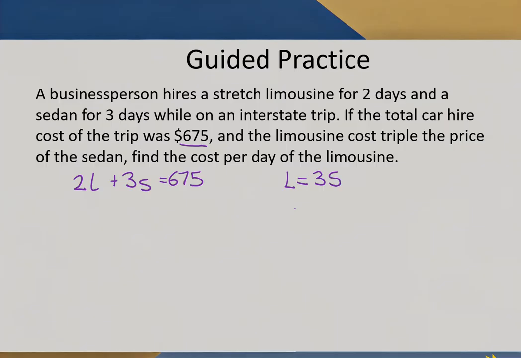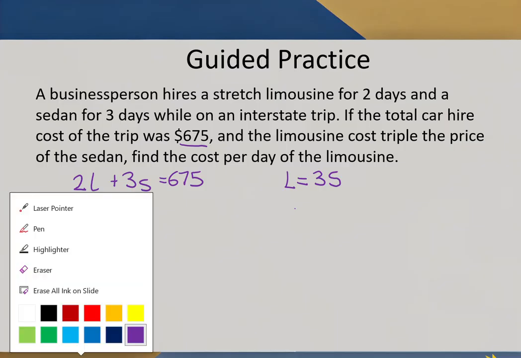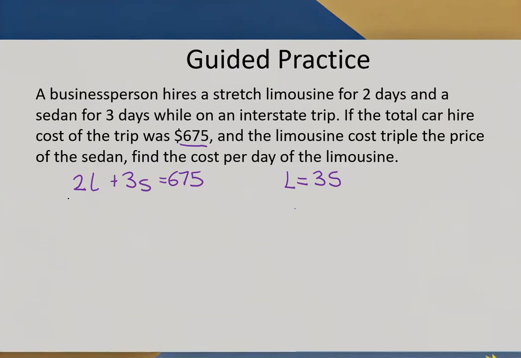This makes it very easy to substitute because we've got an easy formula for L, which means I'm just going to substitute that into my equation. So instead of saying L here, I'll put brackets and I'll put 3S, plus 3S is equal to 675.